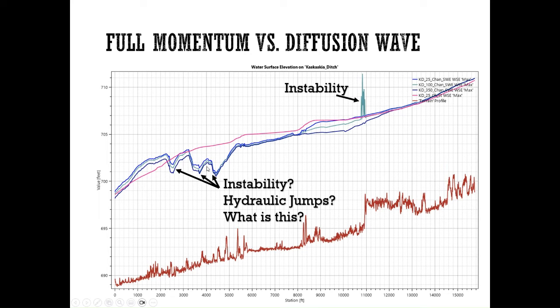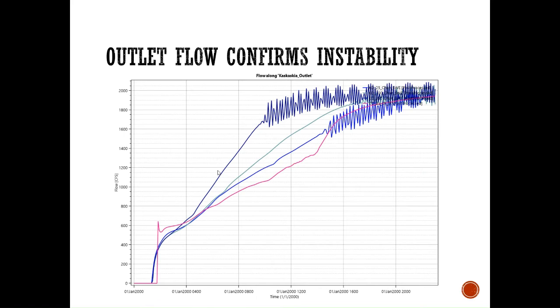And so when I first looked at this, it wasn't quite clear to me what this was, whether this was instability. It seemed unlikely that it was a hydraulic jump, but it wasn't clear to me what this was. So I had to do a little investigation to figure out what was going on with my full momentum equation runs.